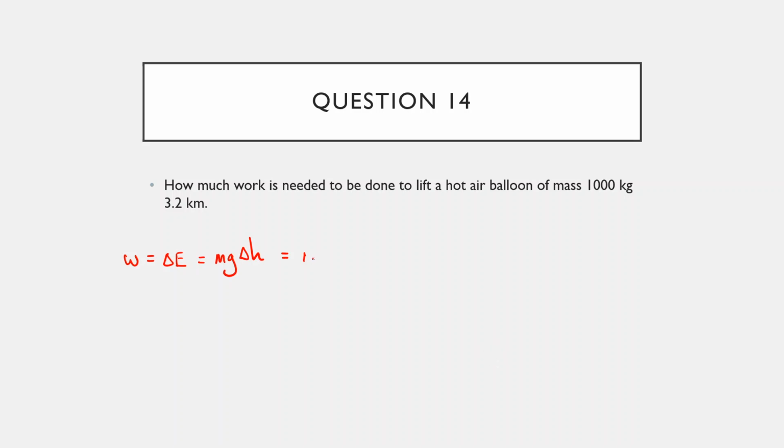So it'll be 1,000 times 9.8 times 3,200 meters. And that's equal to around 3.14 times 10 to the 7 joules. Okay, so quite a bit of energy needs to go into changing the height of this hot air balloon.